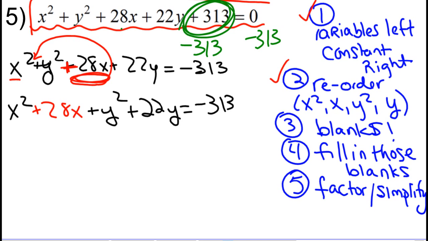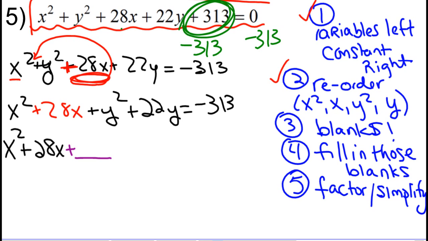Now, third step, I need blanks. You need to have a blank after every pair. So I have an x squared and then an x, and I will need a blank. I have a y squared and then a y, and I will need a blank. I'm going to write it a little bit smaller because I'm running out of room. x squared plus 28x, there is one pair, so now I need one blank. It's always going to be a plus blank.